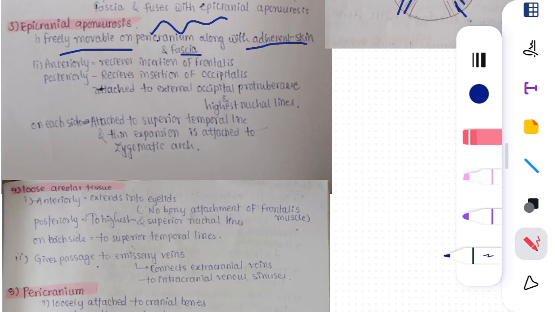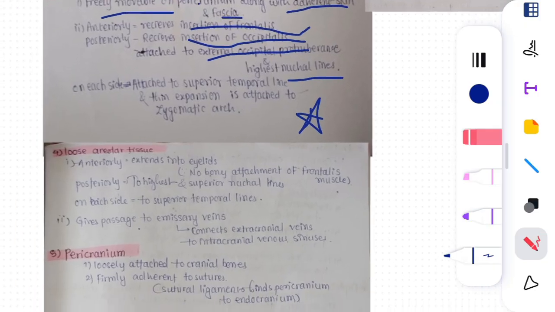For studying the scalp, you should remember the skull anatomy, means osteology of skull. You can easily write any theory about that. And next one, on each side epicranial aponeurosis attached to superior temporal line, and thin expansion is attached to zygomatic arch.